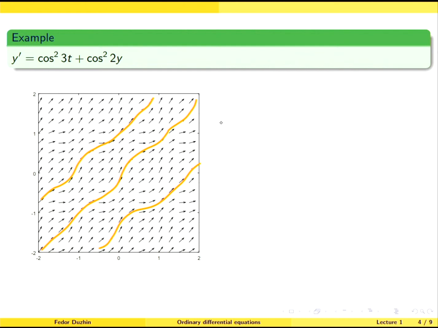So these arrows look kind of like this, or maybe like this, but in any case, both the first coordinate and the second coordinate of these vectors are positive. So of course, it means that all solutions of this differential equation are going to be increasing functions. All solutions are, I will write like this, increasing functions.